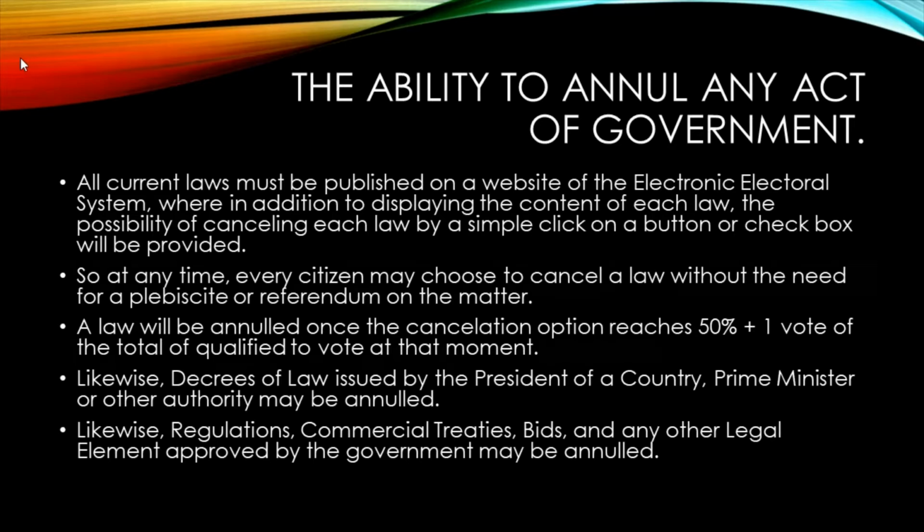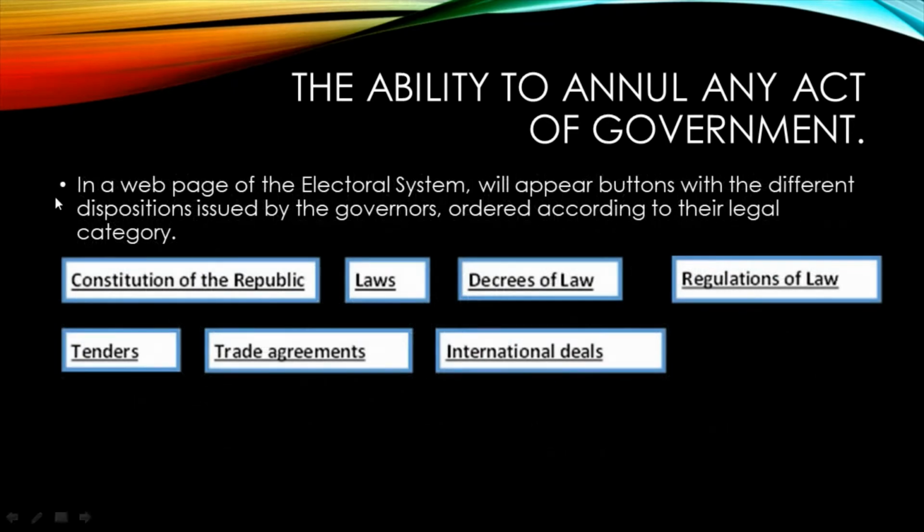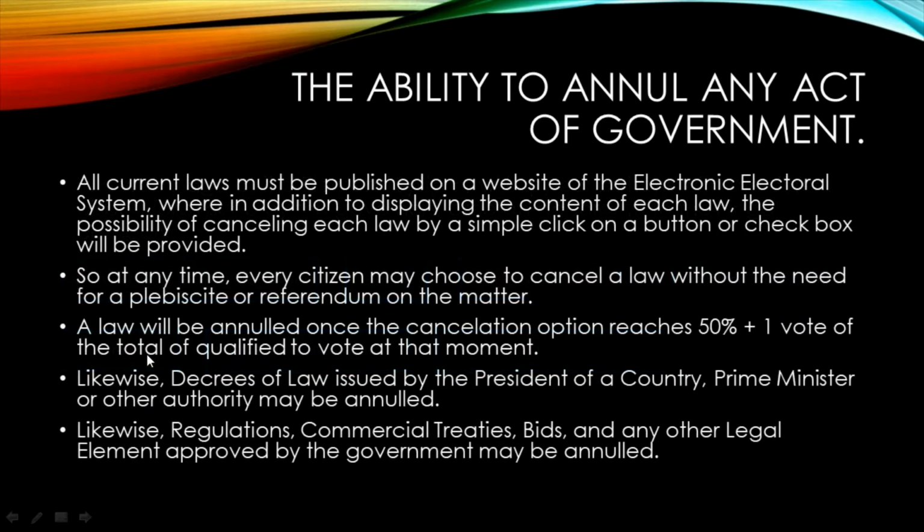A law will be annulled once the cancellation option reaches 50% plus 1 vote of the total qualified to vote at that moment. Likewise, decrees of law issued by the president of a country, prime minister, or other authority may be annulled. Likewise, regulations, commercial treaties, bids, and any other legal element approved by the government may be annulled.